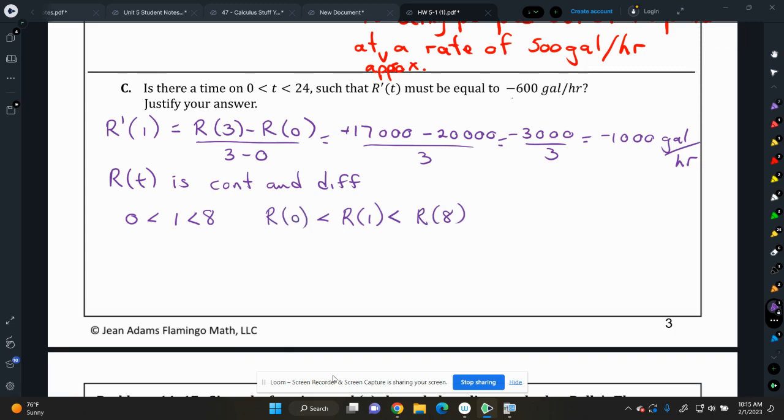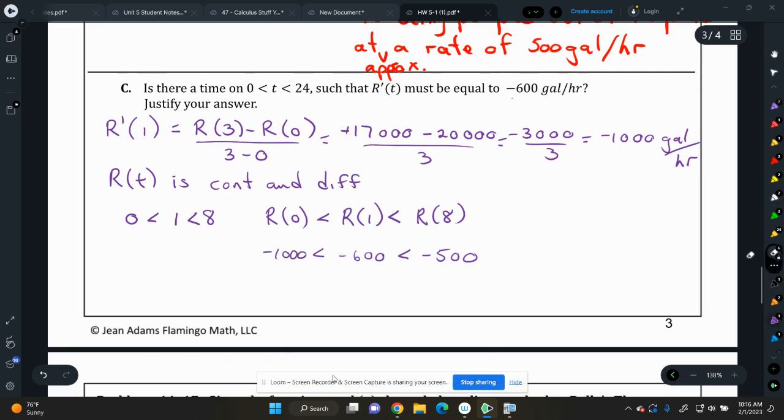So we have to show that negative 1000 is between, what am I doing? What did you just do? Negative 600, sorry. Negative 600 is between negative 500 and negative 1000. Sorry, I wrote this wrong. Hold on just a second. I hear what you're going to say. Just give me a second.